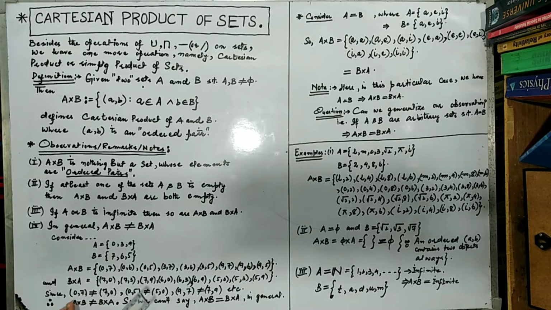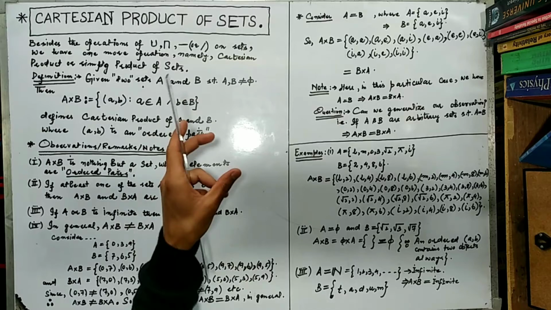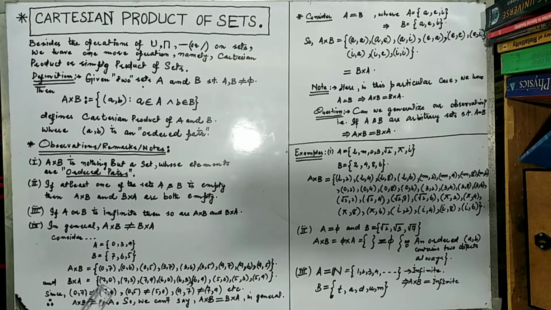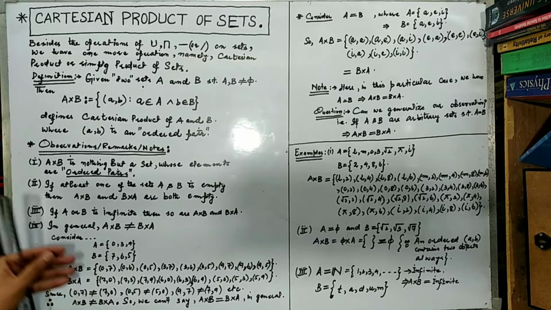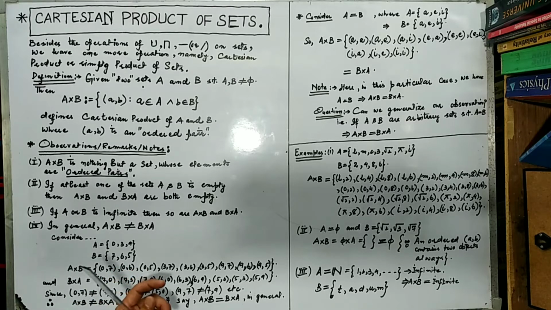You will get that A cross B is not equal to B cross A, because recall the definition of equality of two sets: two sets are said to be equal if they have the same elements, I mean, each is a subset of the other. So as I have found at least one element in these two sets, A cross B and B cross A, which is not common to both, if I am able to find such an element, I will say that A cross B is not equal to B cross A.